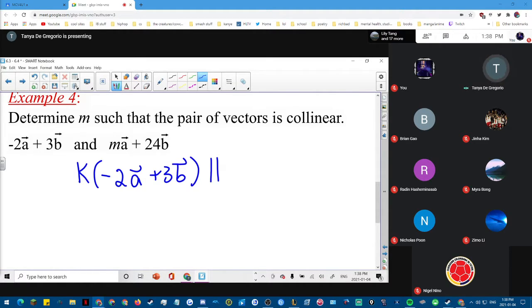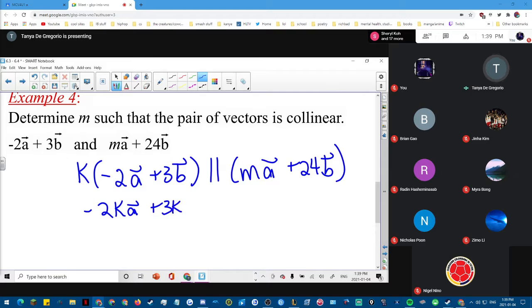And we know that when I multiply this vector, negative 2 vector A plus 3 times vector B, times k, it has to equal this vector because they're collinear, so it has to be parallel to this vector. And so then from here, I can say that negative 2k times vector A plus 3k times vector B equals. And now we're just going to solve.